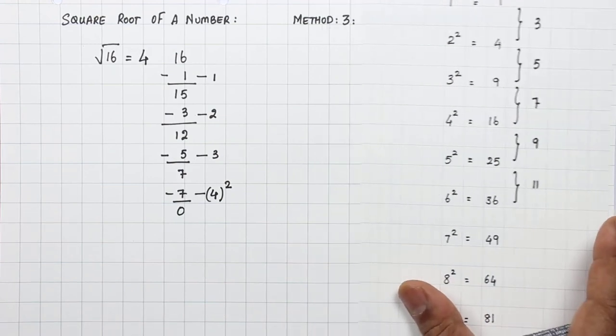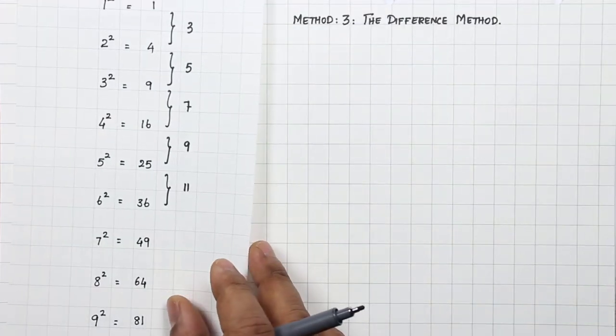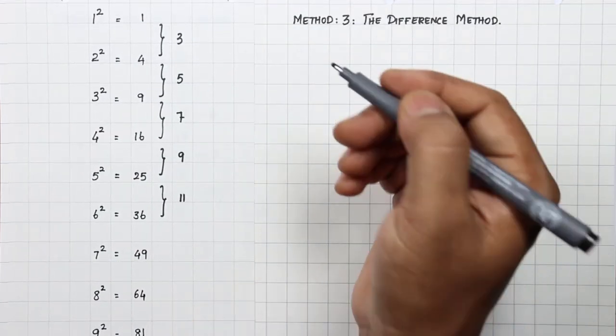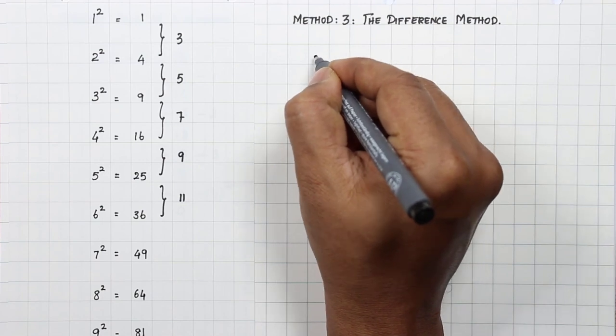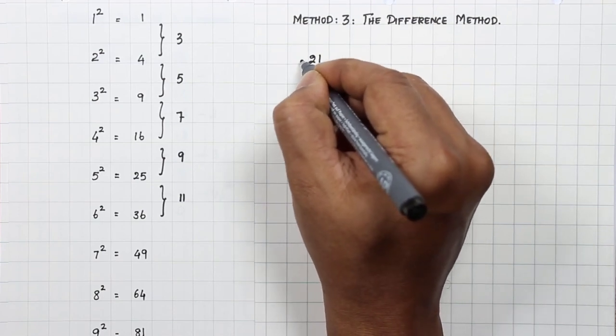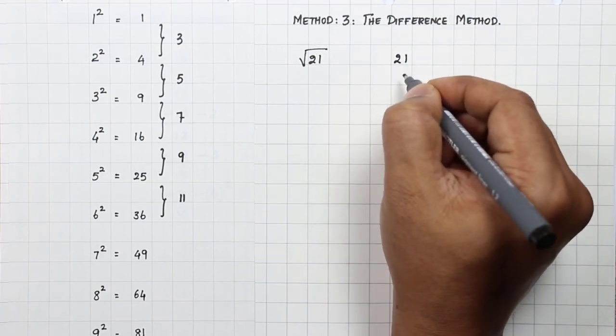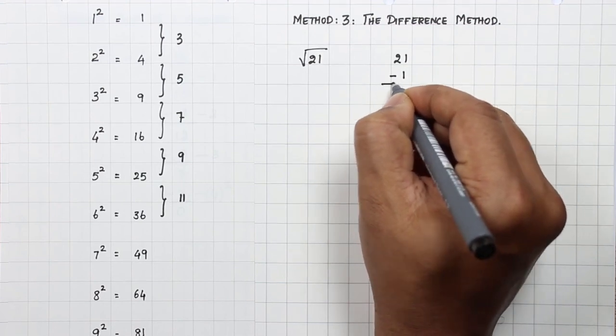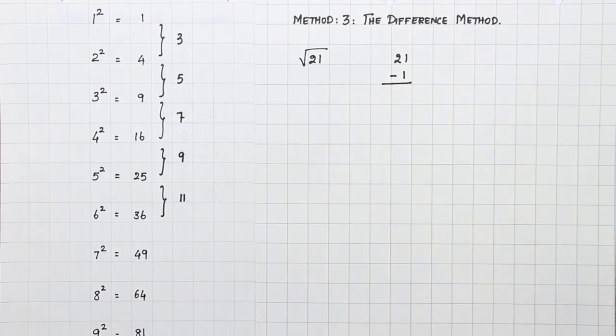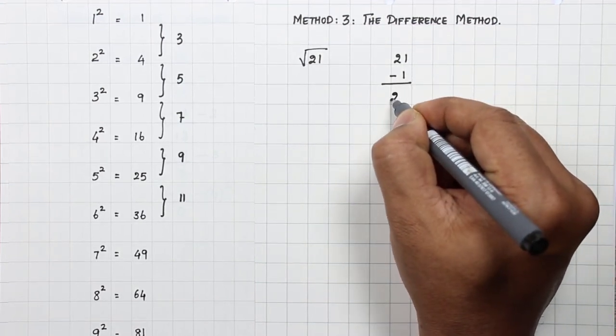Suppose I have another value, say 21, and I want to find out the square root of 21. So let me first find out whether this is a perfect square. If I just do this subtraction process, if I subtract 1, which is my first term in the odd number sequence, I am going to get 20.